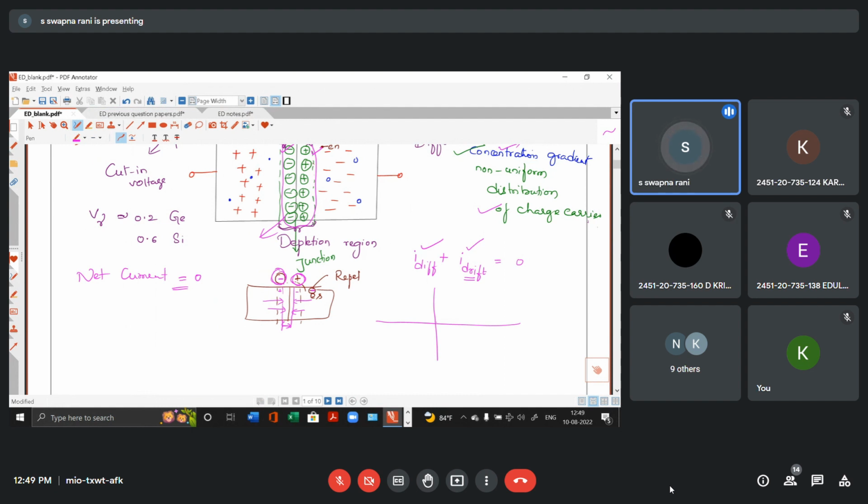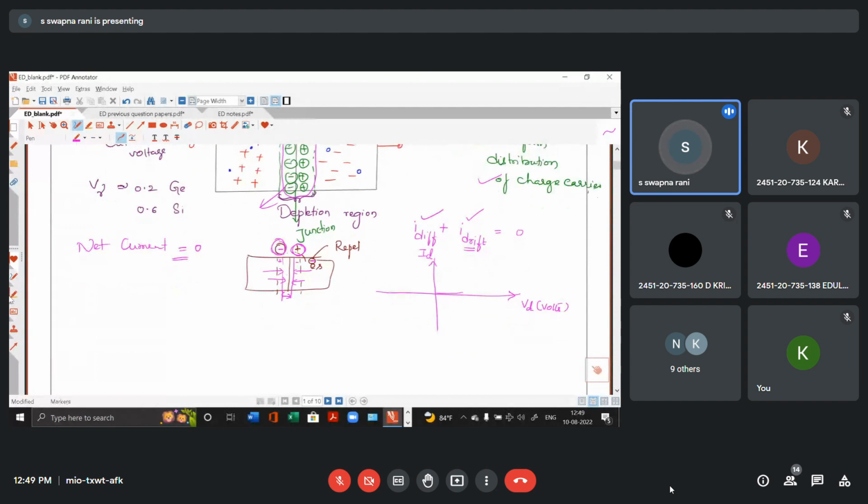So మీకు diode characteristics, if you observe, this is the diode current, forward diode current ID, and this is the diode voltage VD. It will be in volts. Okay, so current will be very very small. ఎందుకు? Very few number of majority charge carriers.